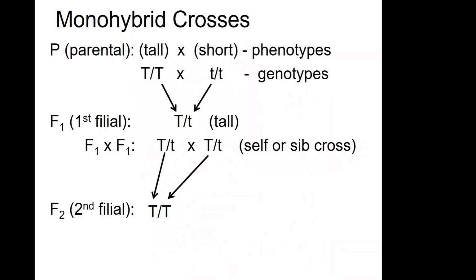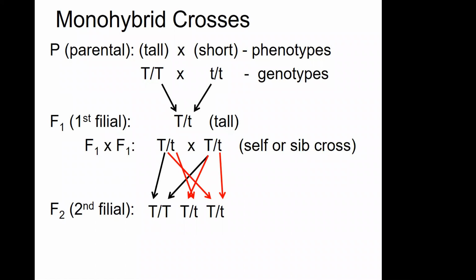You could pass on a big T. Each parent could, 50-50 chance, pass on a big T. So some of the progeny are going to get both big T's. You also have a 50% chance of passing on a little t, while the other parent passes on a big T. And you've got two ways that could happen.